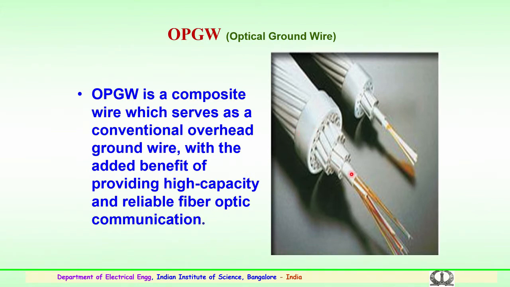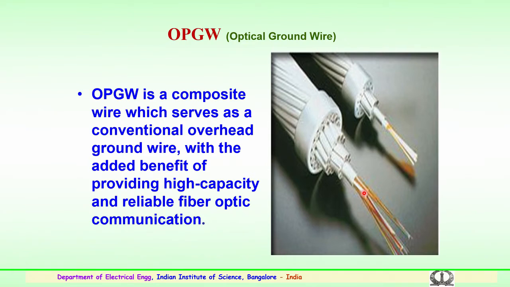Basically, you can see that in one of the slots in the conductor arrangement you have a fiber optical cable. This will help in the communication of data and information to be sent from the generation to the substation level or to the SCADA centers, where this information will be highly helpful.